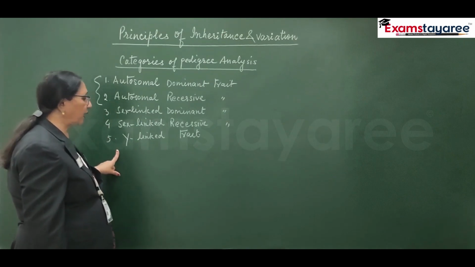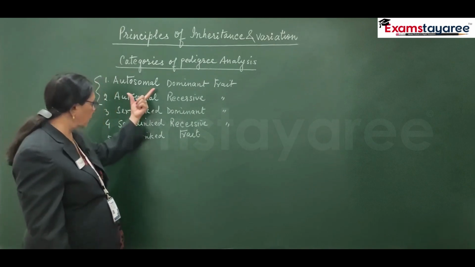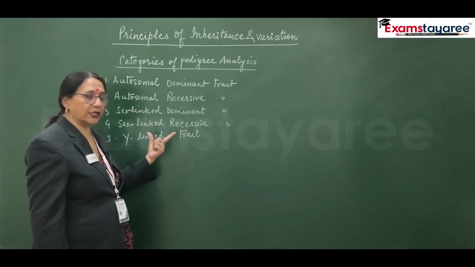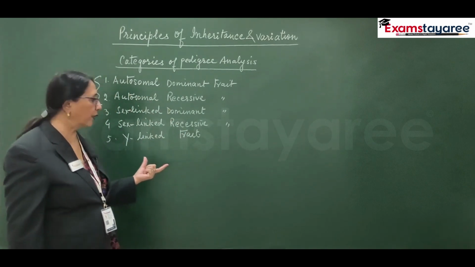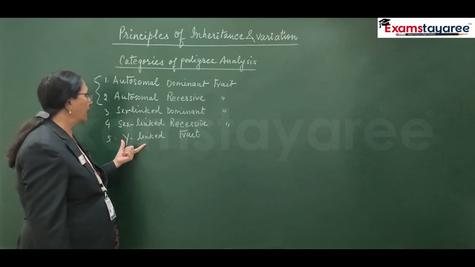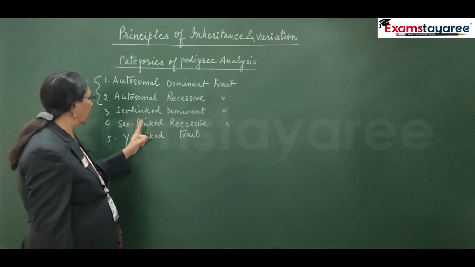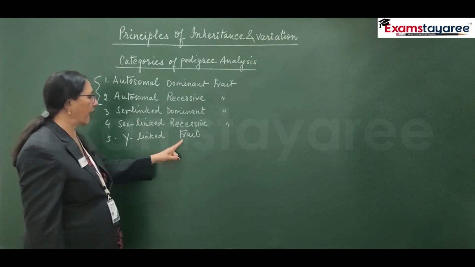Sex-linked traits are transferred through mating, you know that, although all these are transferred during sexual reproduction, but they are sex-linked, present on the sex chromosomes, and they are dominant sex-linked, recessive sex-linked, and Y-linked traits.